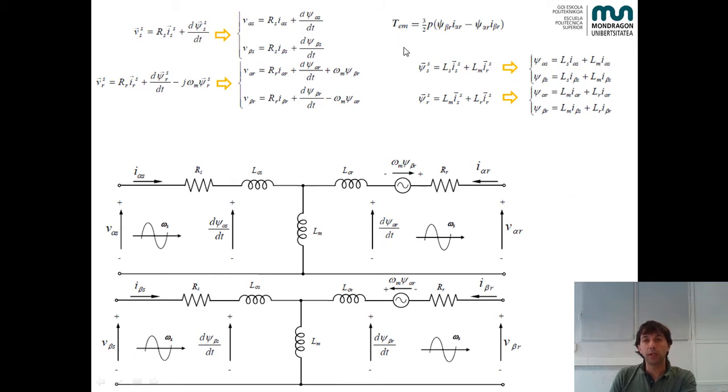Here we have another equation, which is the torque provided by the generator at the shaft while it is rotating.